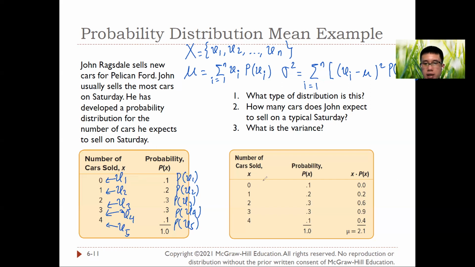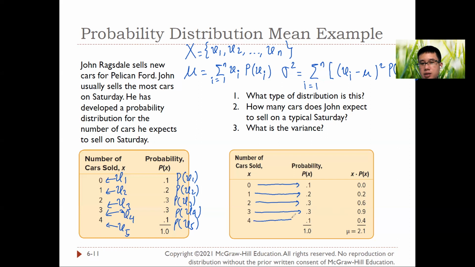So we multiply 0 with 0.1, and the result is also 0. And then 1 with 0.2, the result is 0.2. 2 times 0.3, the result is 0.6. Next, 3 times 0.3, and the result is 0.9.